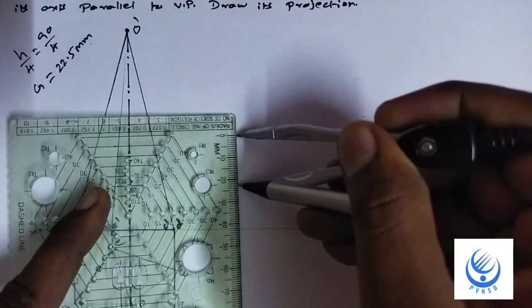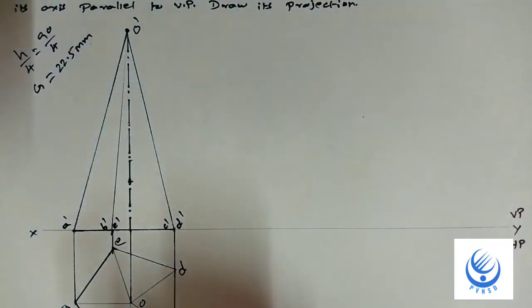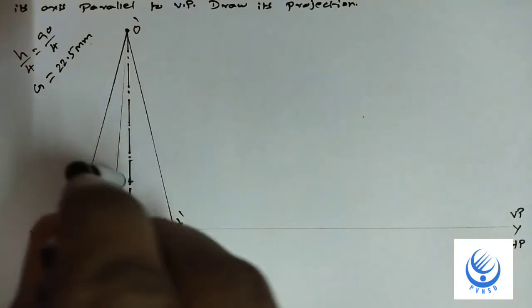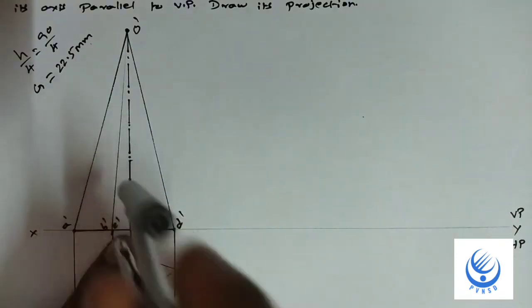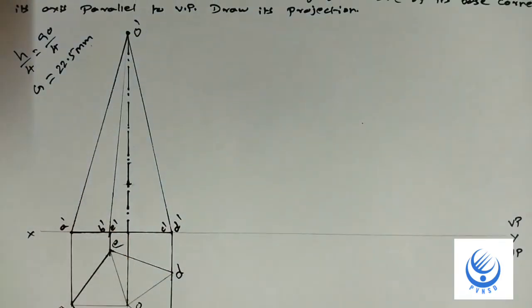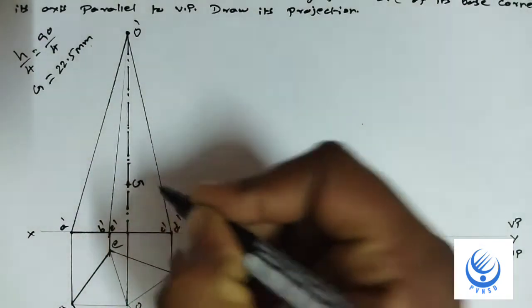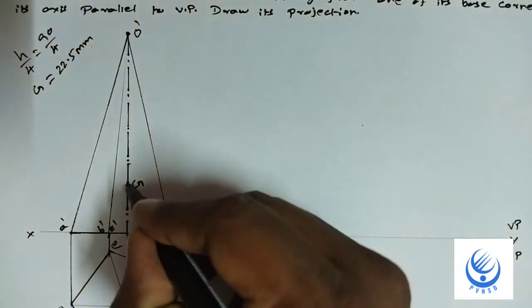Cut the arc from the reference line on the axis, the 22.5 mm distance. Mark the letter, this is G. This distance is 22.5.